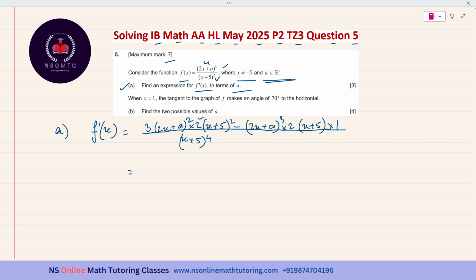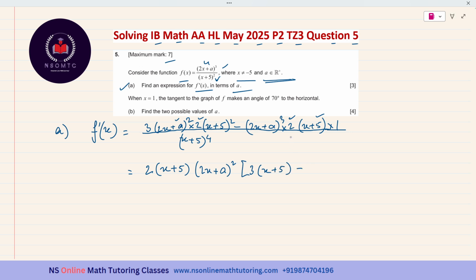Now I can see that 2 is present in both the terms, and (2x plus a) whole square can be taken as the common factor and x plus 5 can be taken as the common factor. So 2 and (x plus 5) and (2x plus a) whole square is taken out as the common factor, and now from the first term what is remaining, 3 is remaining, times (x plus 5).